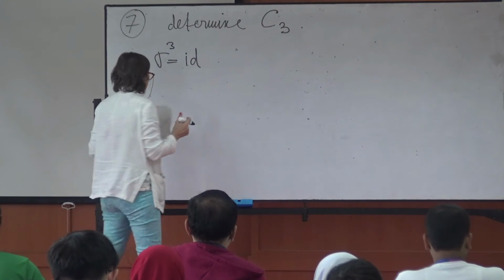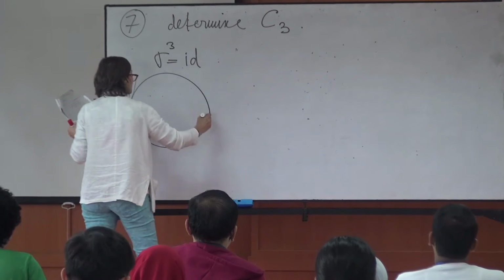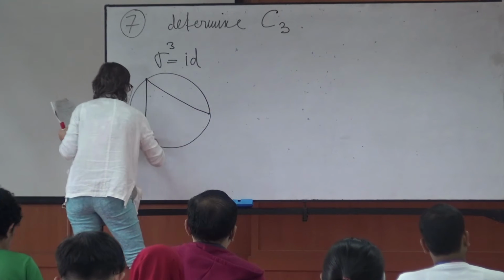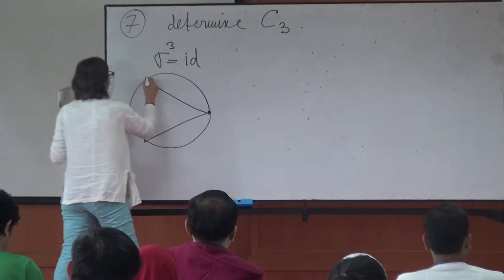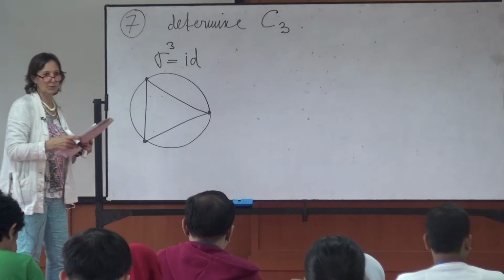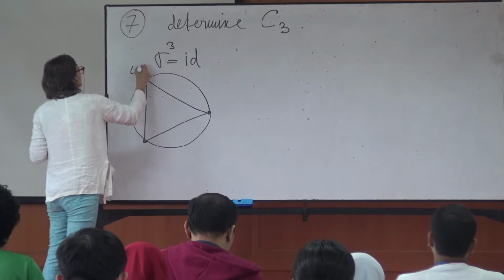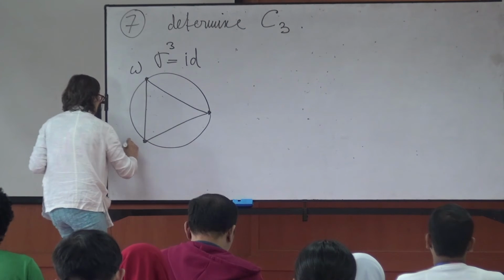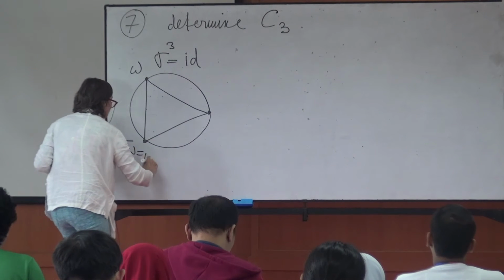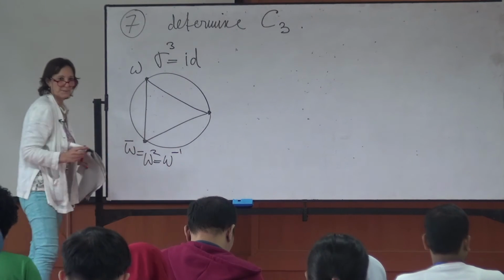And the cubic roots of 1 are complex numbers that in the complex plane lie on the vertices of an equilateral triangle with one vertex in the origin, and here we have omega and here we have omega bar, which is equal also to omega square and omega inverse.